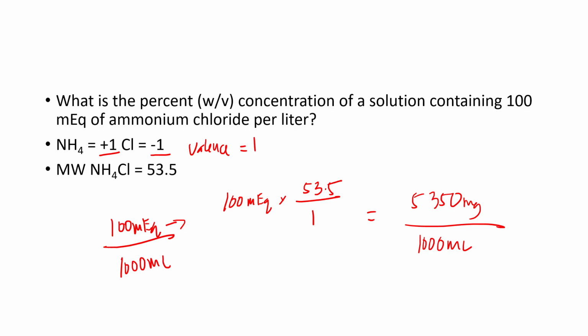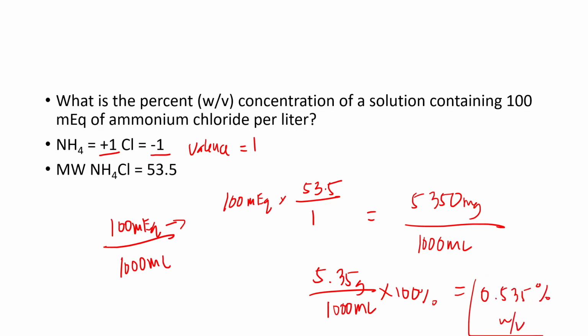We need to divide by 1000. That is 5.35 grams over 1000 ml. And we simply need to divide and multiply with 100%, and you have 0.535% weight in volume.